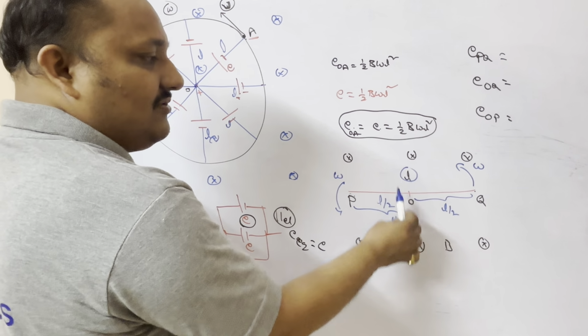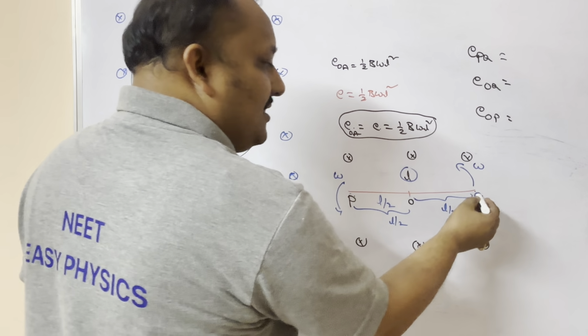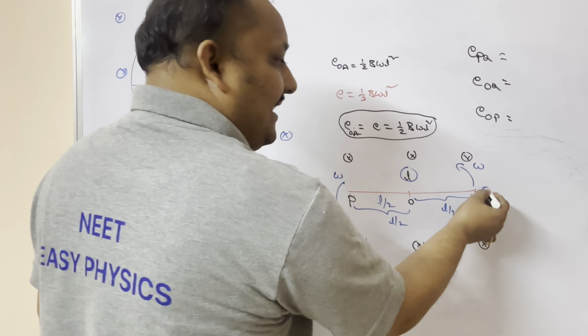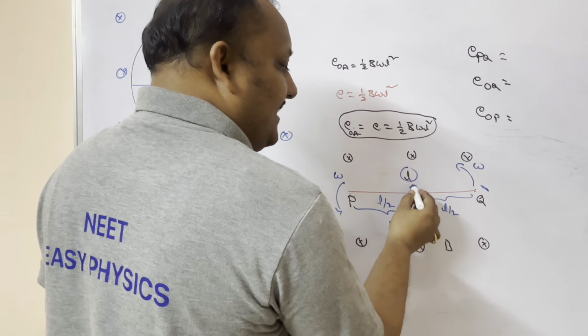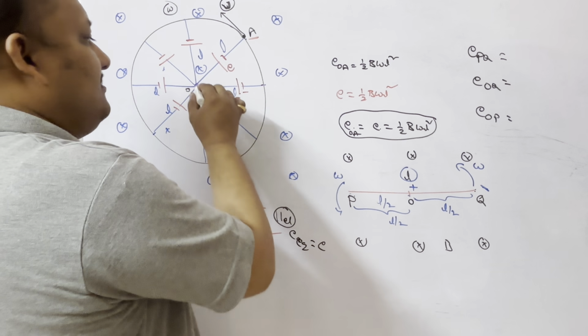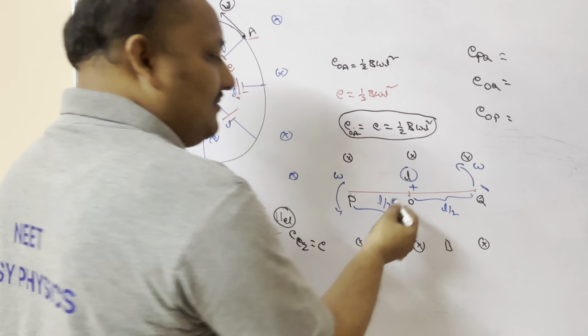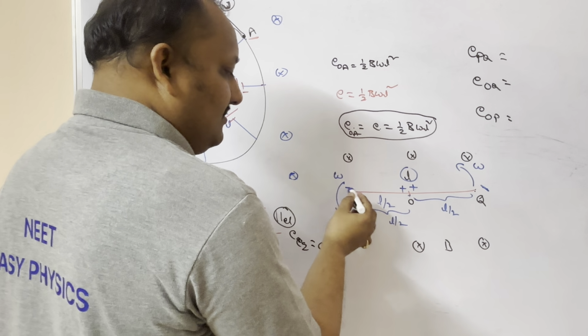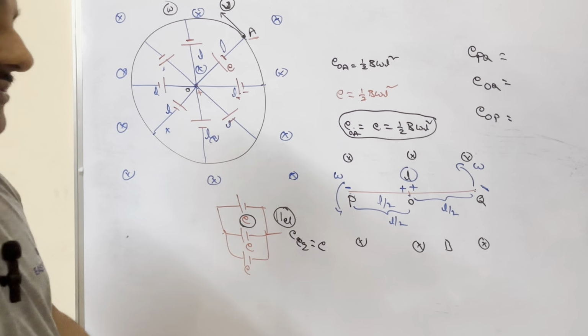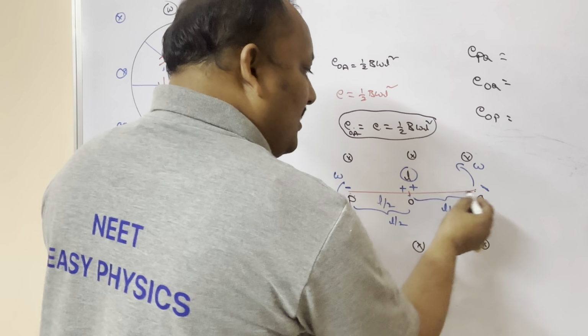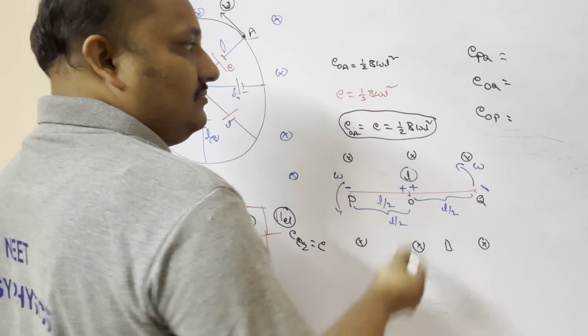Whenever it is rotating, from O to Q, Q is the rotating end, negative, and O is the fixed end, positive. Here also, fixed is positive and rotating is negative. Therefore, between O and Q, what is the effective EMF?